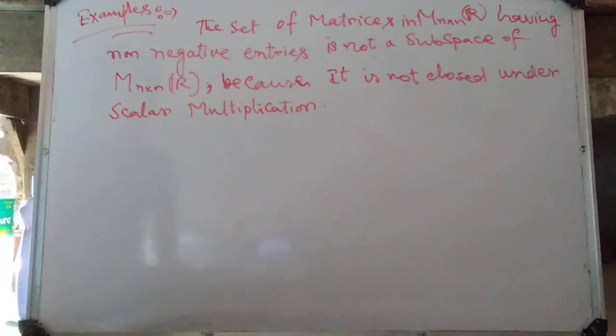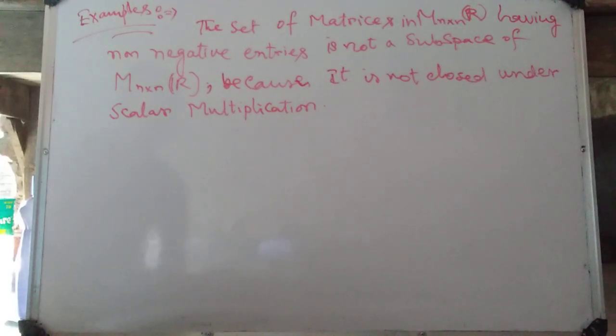So the set of all matrices having non-negative entries is not a subspace. Why? Because it is not closed under scalar multiplication.